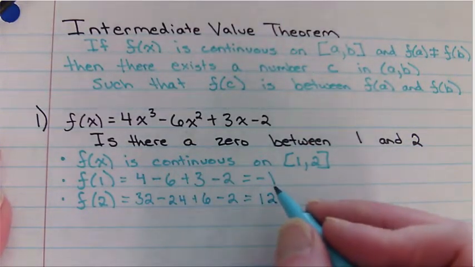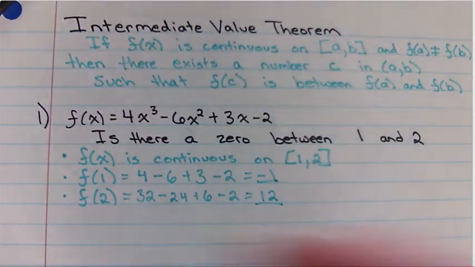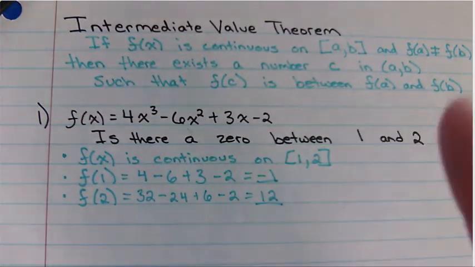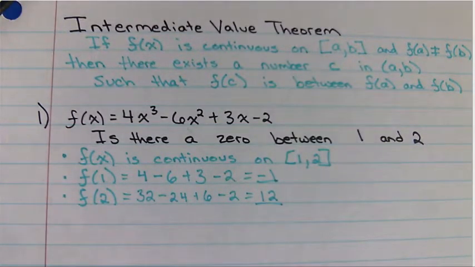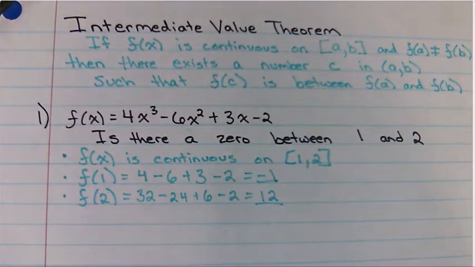So I have these two y values. I have a y value of negative 1 and I have a y value of 12. The intermediate value theorem says to get from negative 1 to 12, I've got to pass through every y value in between. So does that prove that there's a 0 between them? Well, yes, it does.